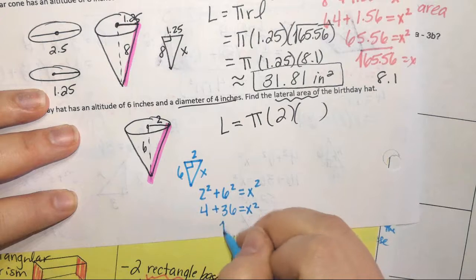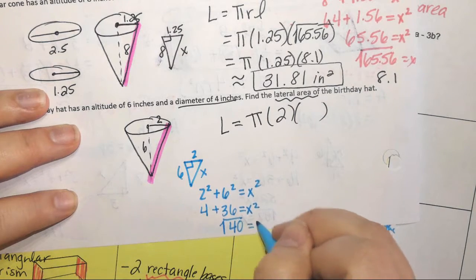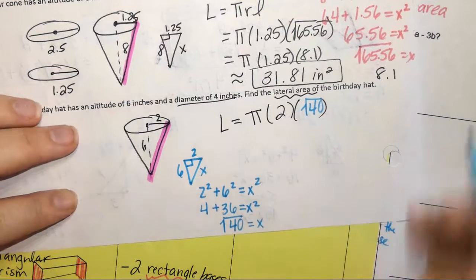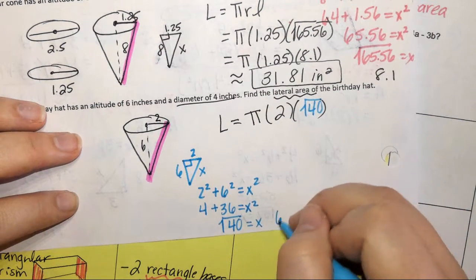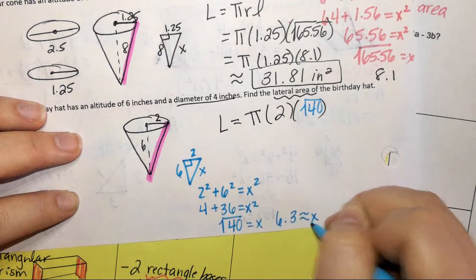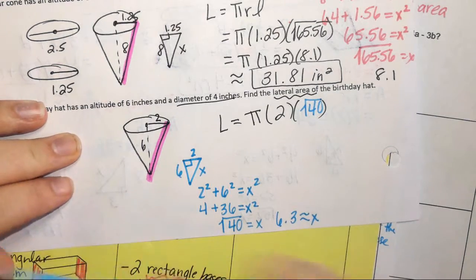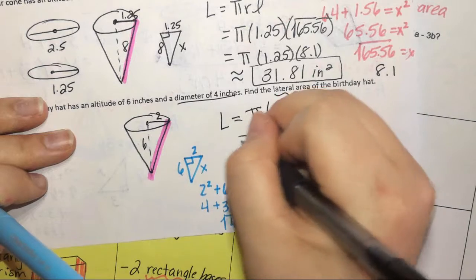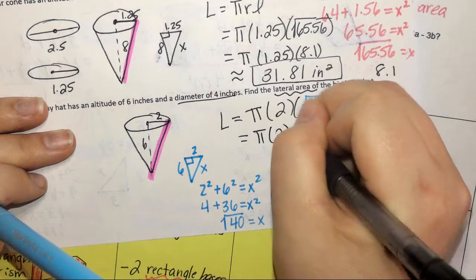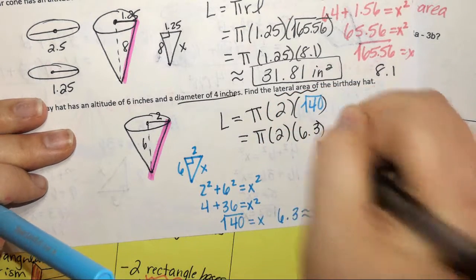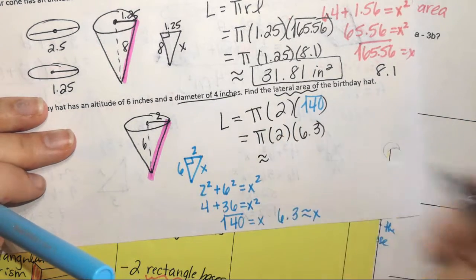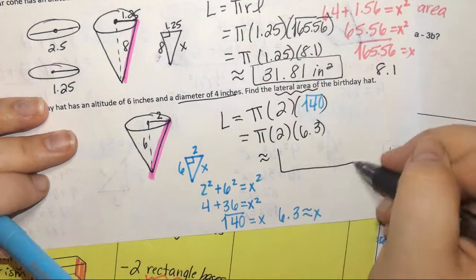So I end up needing to know the square root of 40. 6 point what? 6.3. So he told me that's 6.3. So instead of plugging in square root of 40, if you'd rather plug in 6.3, that makes sense to me. 12.6 times 3.14 is 36.7. What'd you get as your final number?